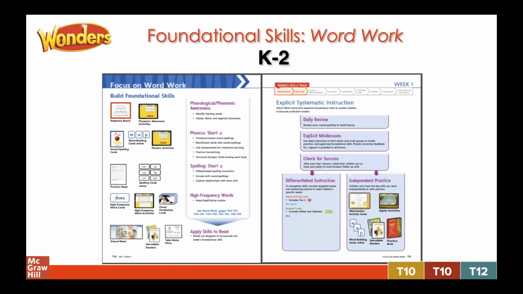I do want to address our foundational skills structures, which here at first we're going to be looking at K2. When we're talking about foundational skills at the kindergarten through second grade level, we're really focusing on daily explicit instruction that allows opportunities to check for success and differentiate moving forward based on student mastery of content.